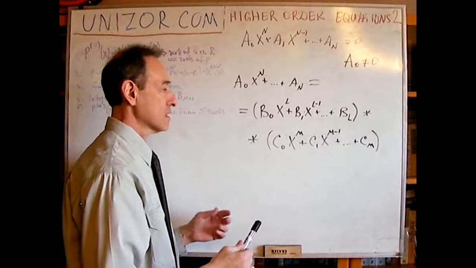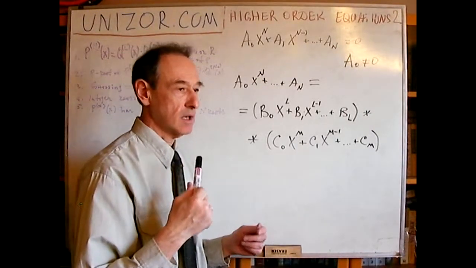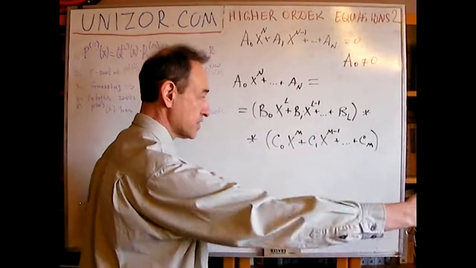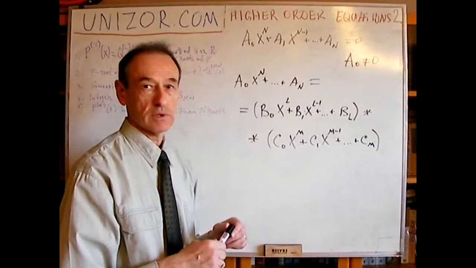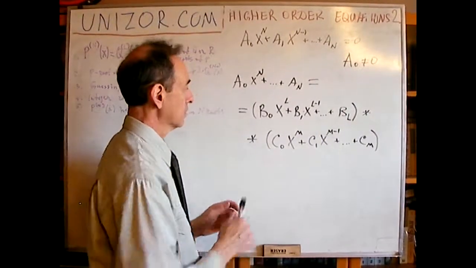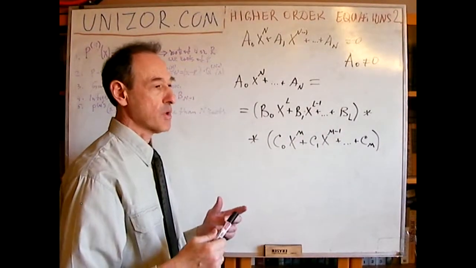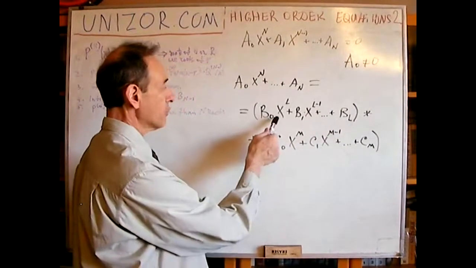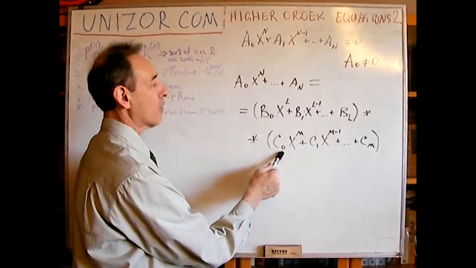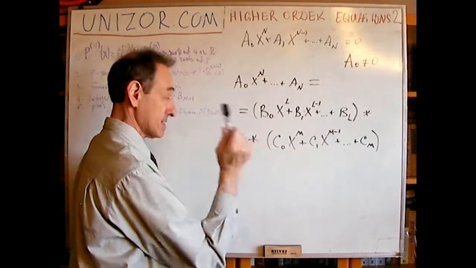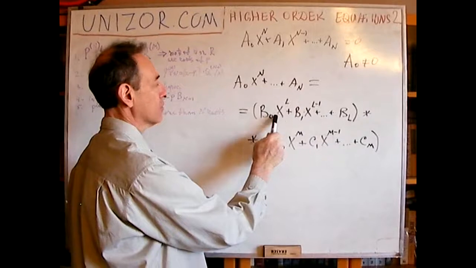What is the element in the obtained sum of different little products with the highest power? Well, that's obviously the highest power from here and the highest power from here.